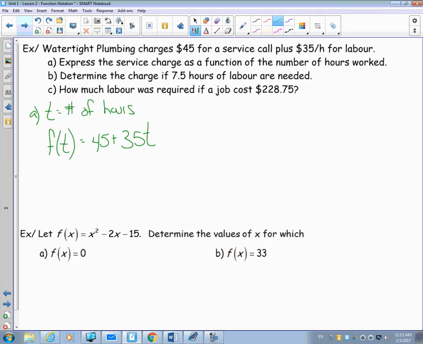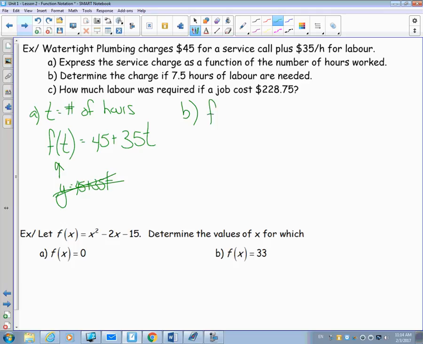There's some function. In the past, we thought of this as y equals mx plus b. It's basically the same idea, we're just using function notation instead. Okay, so I want it as functions now. Part B, how much are we getting charged if we work for 7.5 hours?